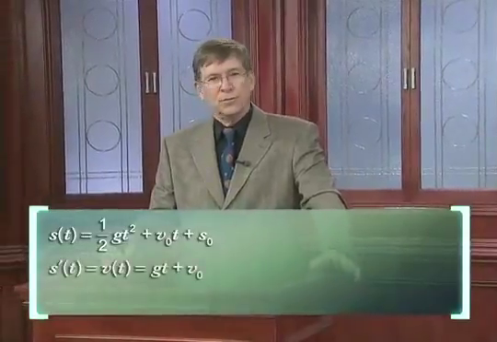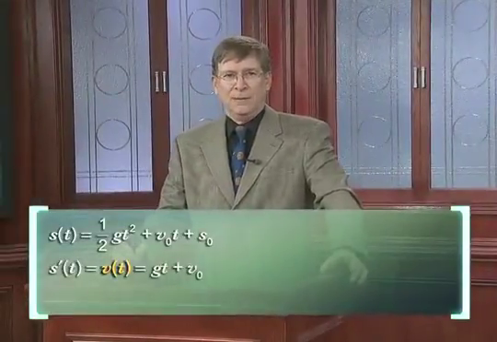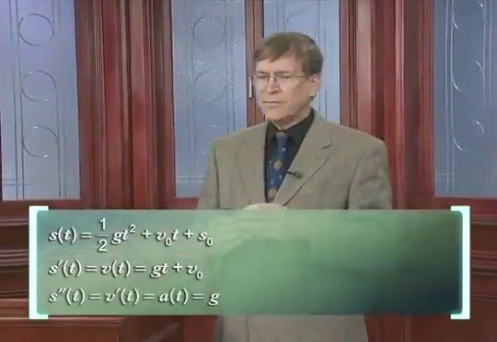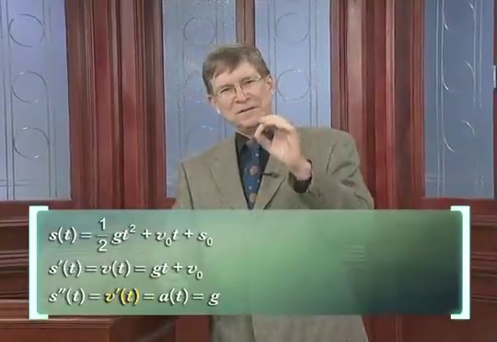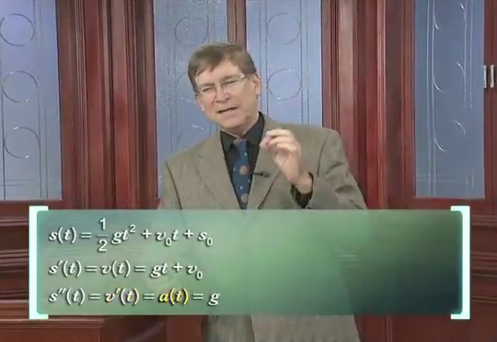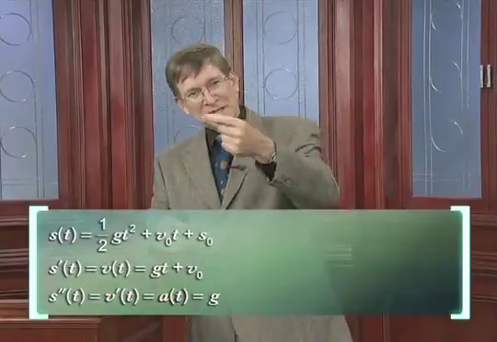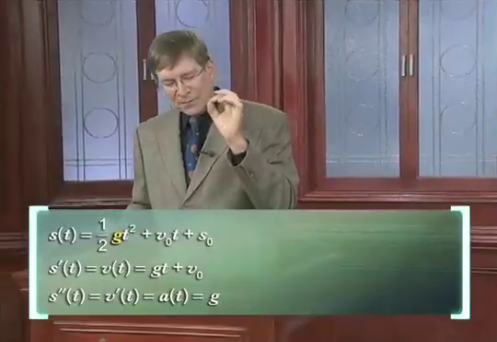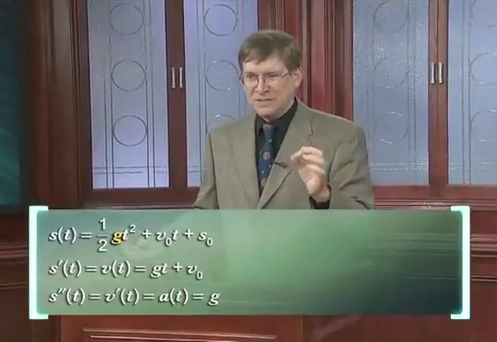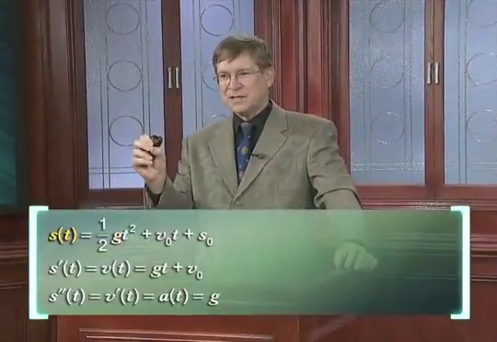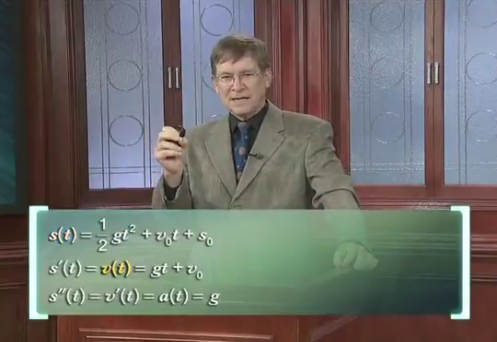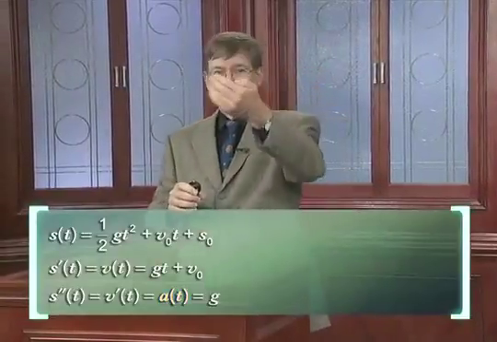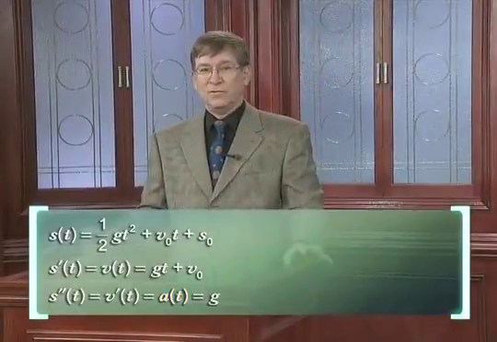The first derivative, the velocity, is gt plus v sub 0, and the second derivative, the derivative of the velocity, is called the acceleration. And that's just g, the gravitational constant. So we have the position function s, the velocity function v, and the acceleration function a: s, its first derivative, and its second derivative.